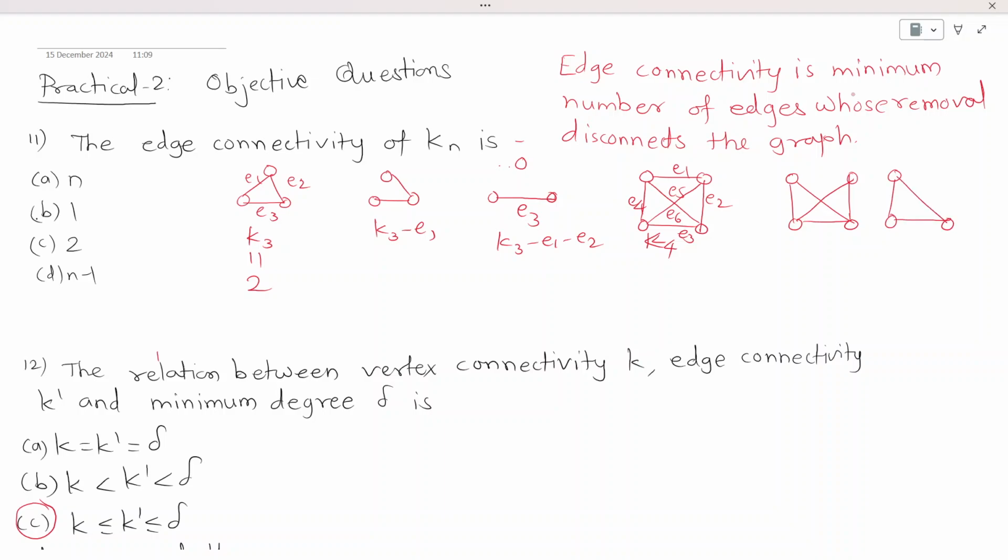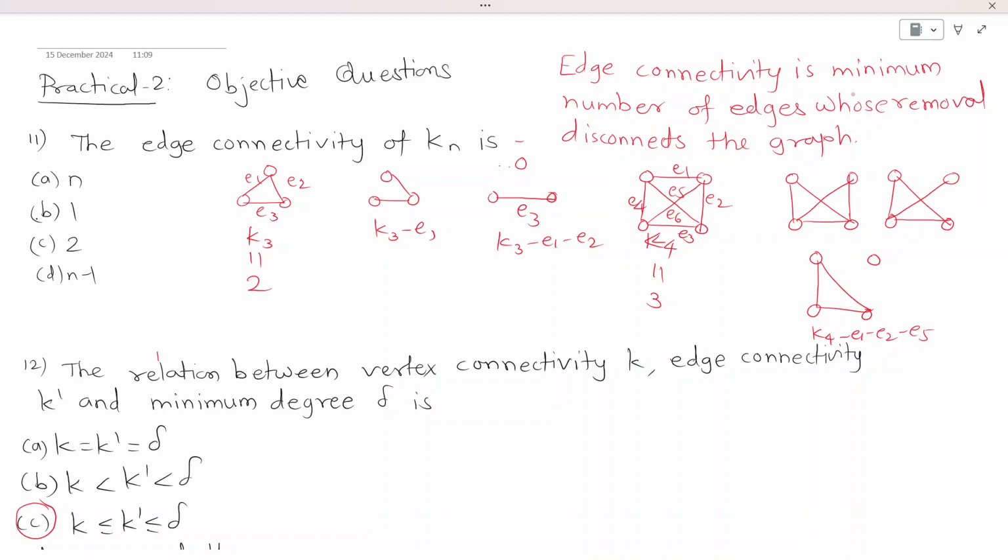After removal of E2, the graph will be like this, but this is not a disconnected graph. So again I am removing E5. If I remove E5, then the graph will be like this. This is K4 minus E1 minus E2 minus E5. So to disconnect K4, we require a minimum of 3 edges. So for K4, the edge connectivity is 3.